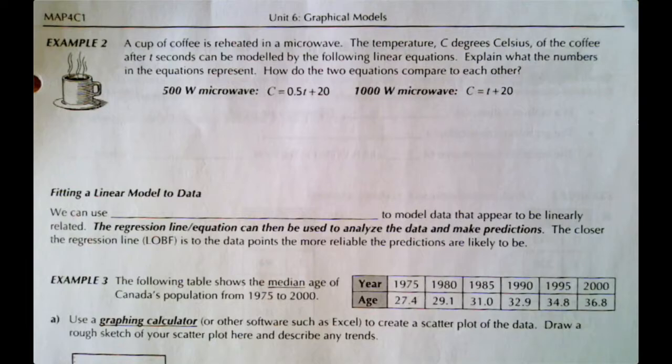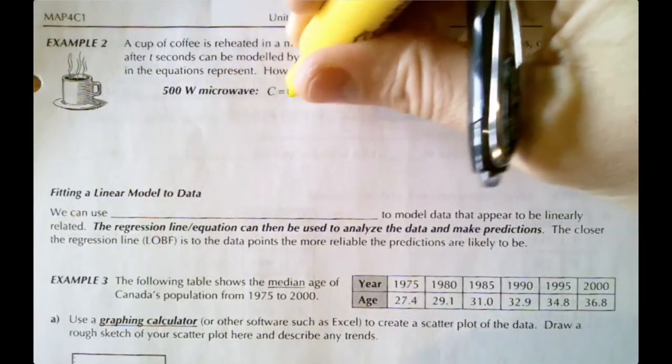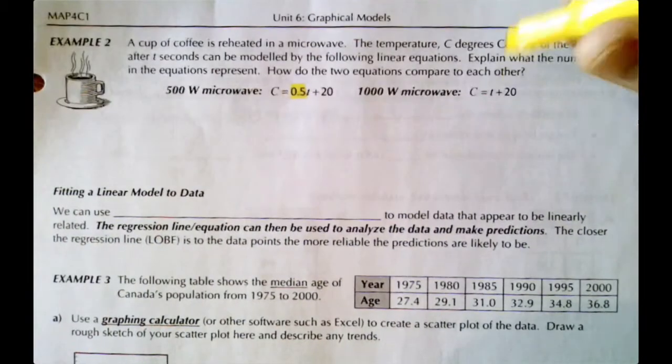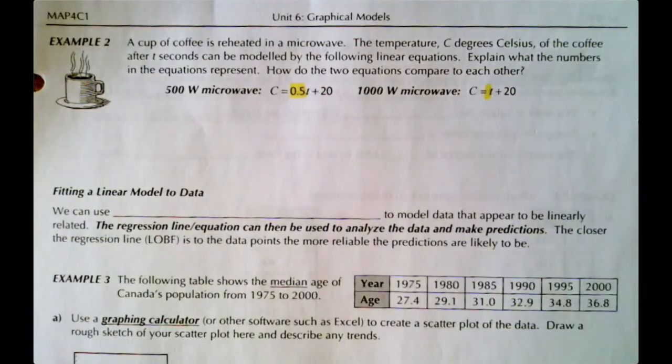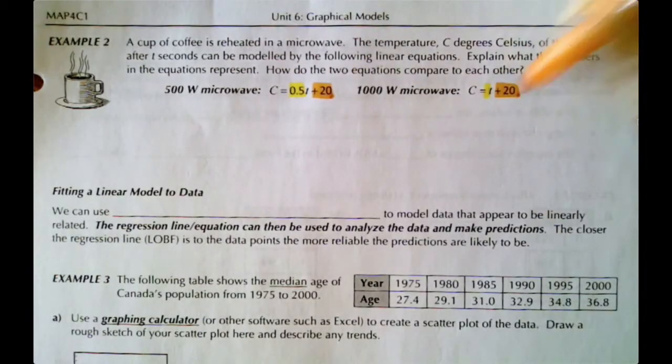So what do we know? Well, there's two numbers here. The first number is in front of the t. We have 0.5 and we have 1. And the second number is at the end after the t. 20, 20.